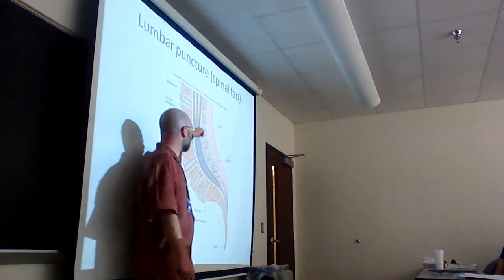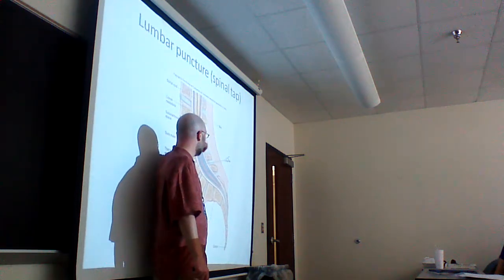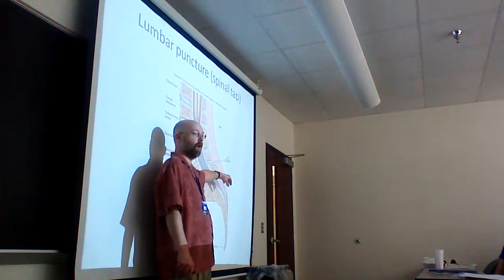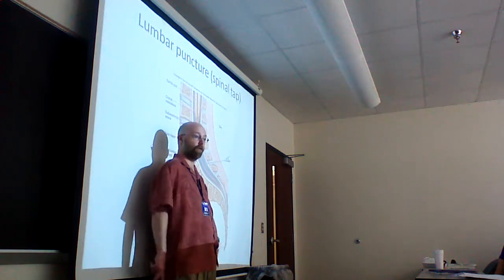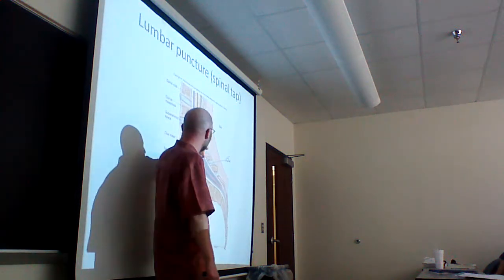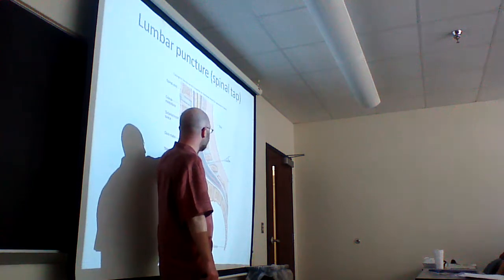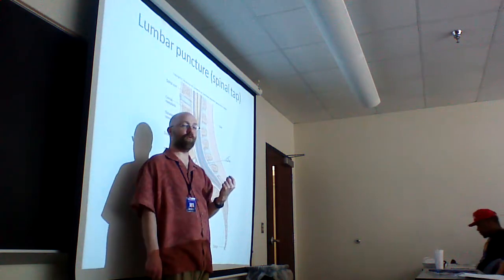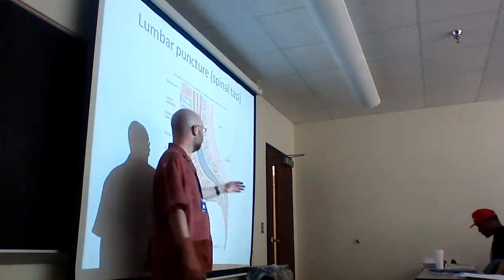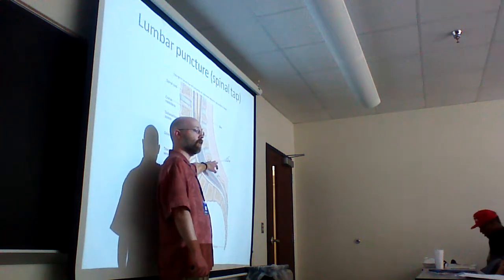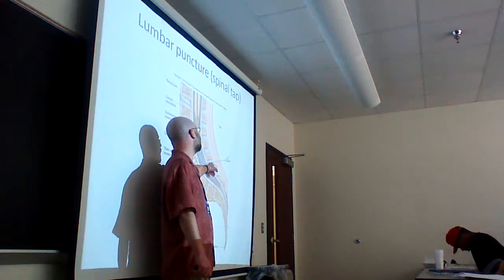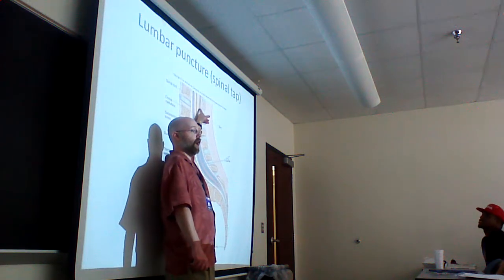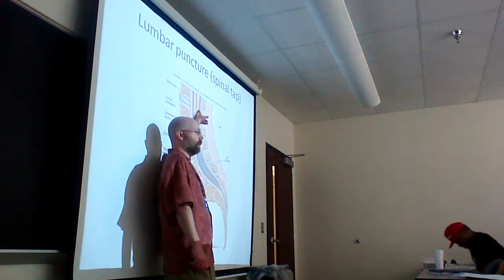And then you just have this cluster of nerves coming down the rest of the way and ultimately innervating things down here. Okay? That's why if they want to sample your cerebrospinal fluid, they'll do it way down here where you're less likely to accidentally drive that needle into your actual spine, right? Because that's probably not a good thing.